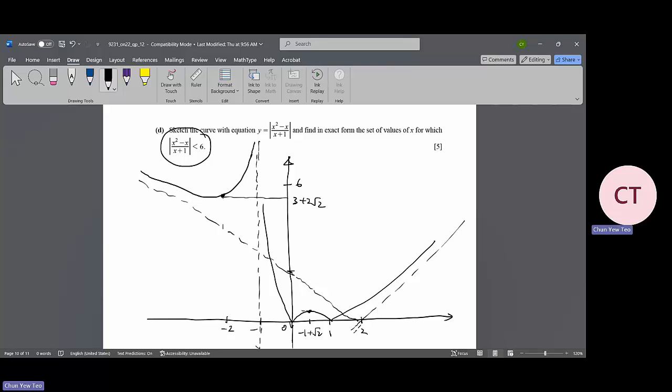Okay, so now we want to have the line y equal to 6. The line y equal to 6 is somewhere here.